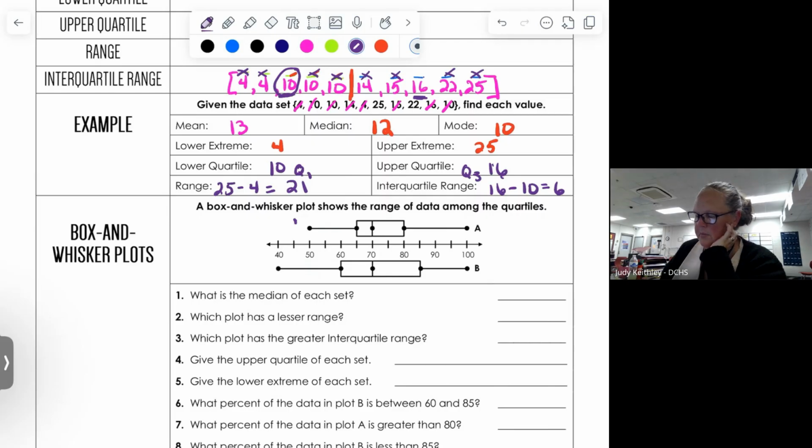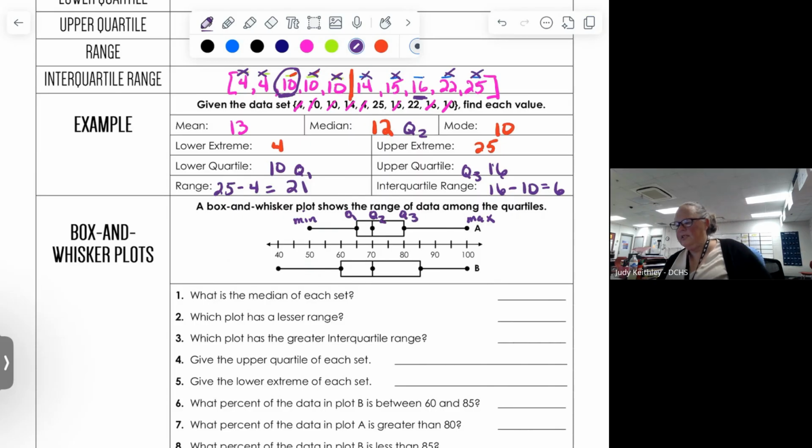We put minimum for that. This is my maximum. Now I'm going to find my Q1, Q2, and Q3 because my median is my Q2. I know it is this very middle number here, Q2. The median of the lower half is going to be Q1, and the median of the upper half is Q3.